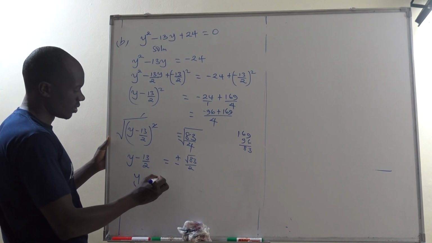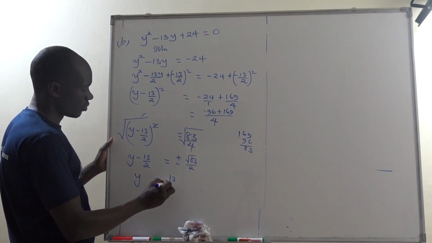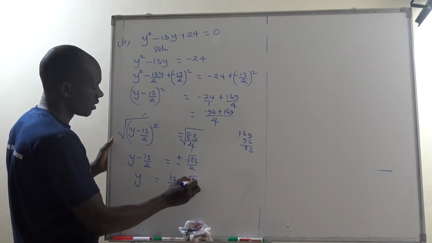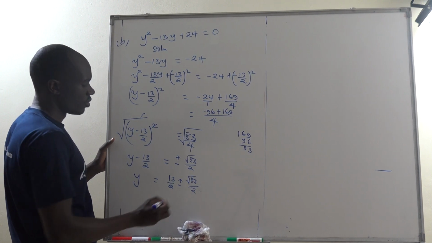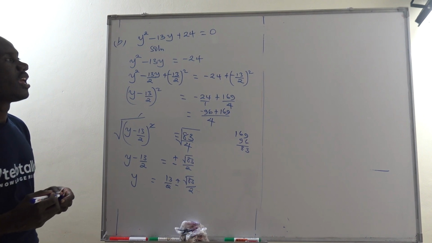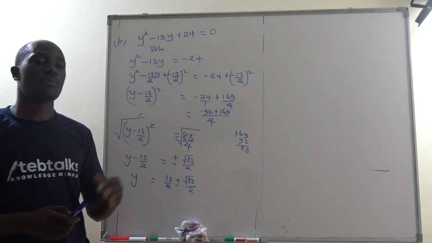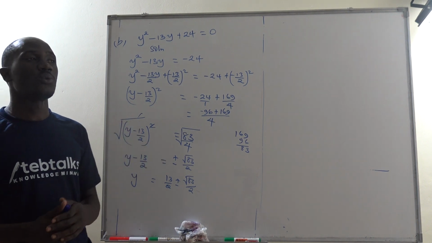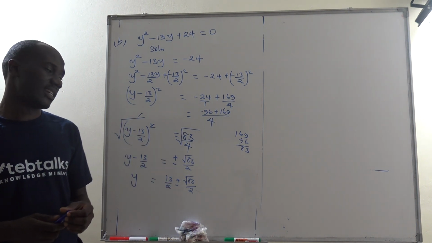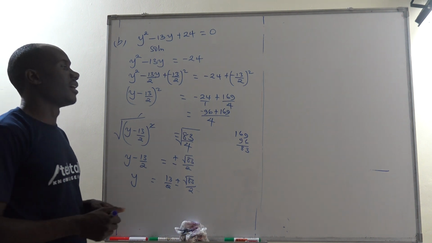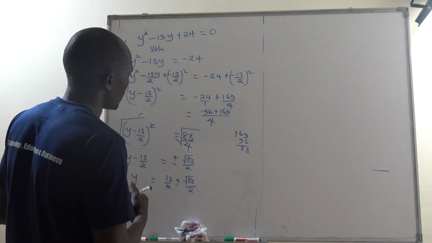So y equals 13 out of 2 plus or minus root of 83 out of 2. So you are supposed to go ahead and say either you take the addition or you take when you are deducting. Then from there you come out with the clear answers on that one.